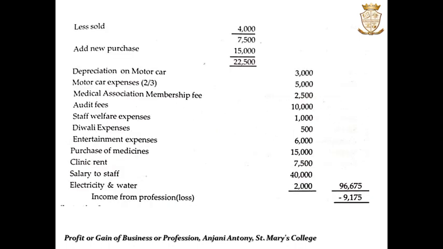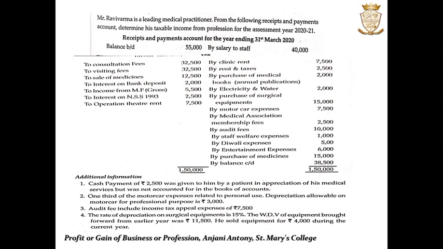After that, depreciation on motor car. Going back to the question, you can find that in adjustment 2, depreciation allowable on motor car for professional purposes is 3,000 rupees. So 3,000 can be allowed. And there is one more thing, that is 1/3 of motor car expenses related to personal use. Motor car expenses are recorded as payment in the receipt and payment account. You can see it in the question.